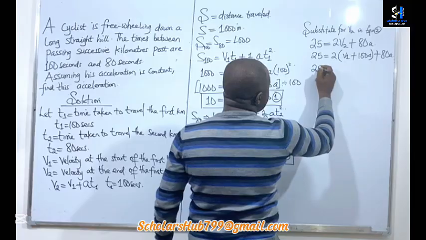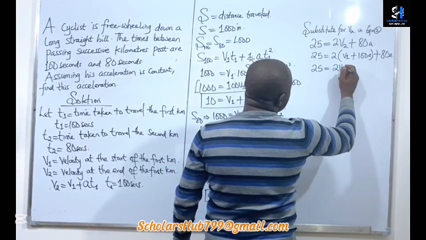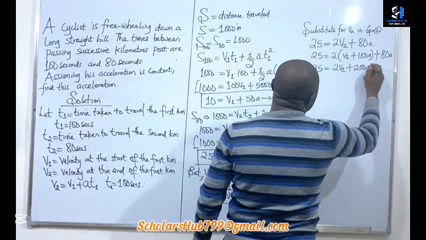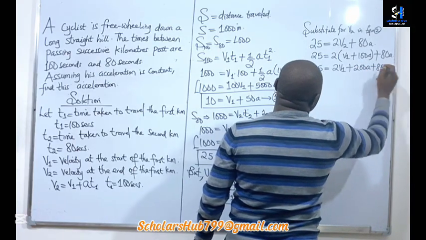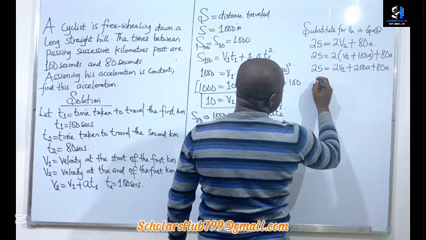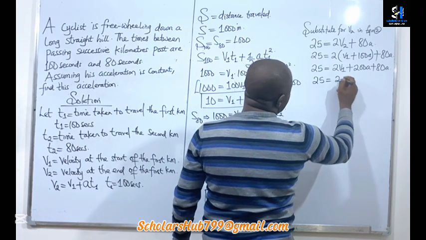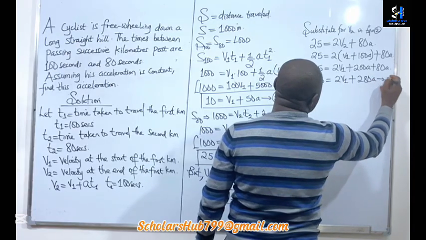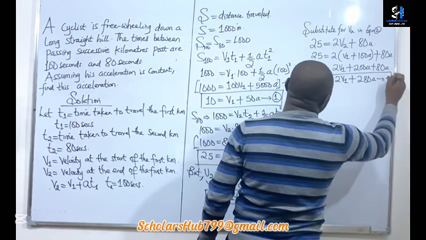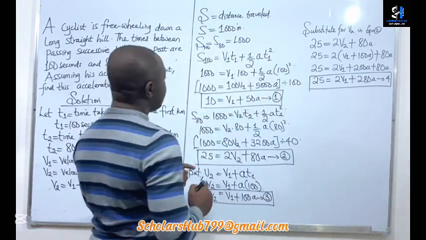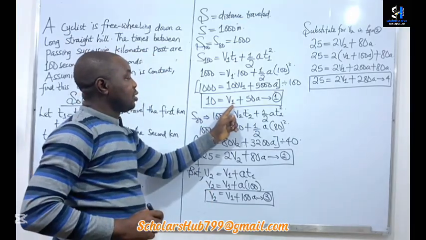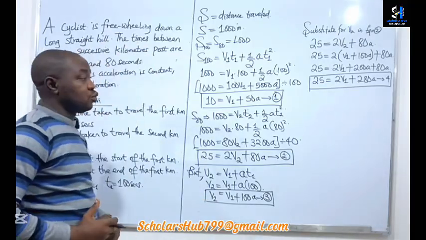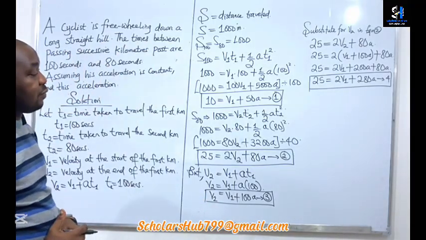So this will be 25 equals 2V1 plus 200A plus 80A. So this will be 25 equals 2V1 plus 280A. Let's call this equation 4. So now we have V1 and A in equations 1 and 4, and we should be able to solve for the value of A.